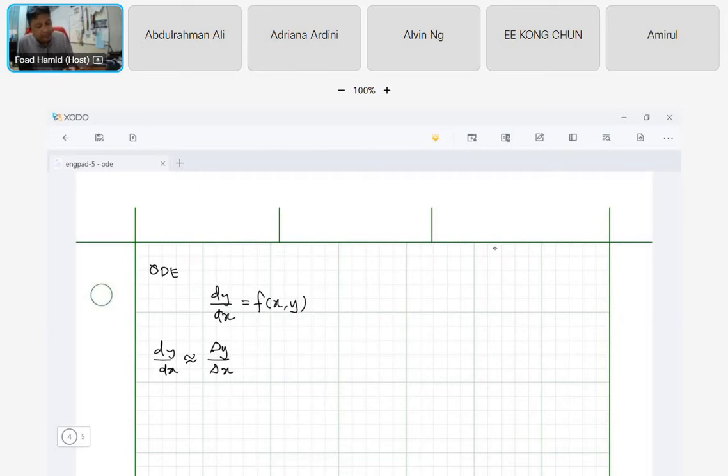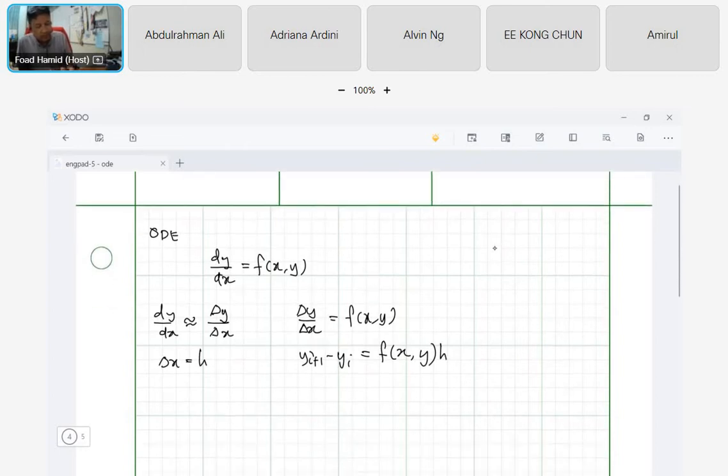And in this case, we can substitute, and what we have here is delta y over delta x equal to f(x,y), or this is just y_{i+1} minus y_i equal to f(x,y) times delta x, as we define delta x as h, which is the step size. So this simplifies to y_{i+1} = y_i + f(x,y) h.